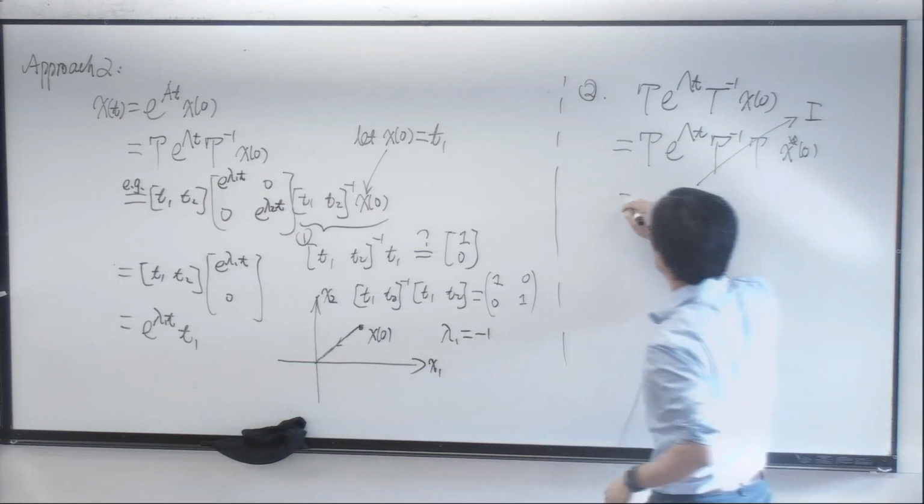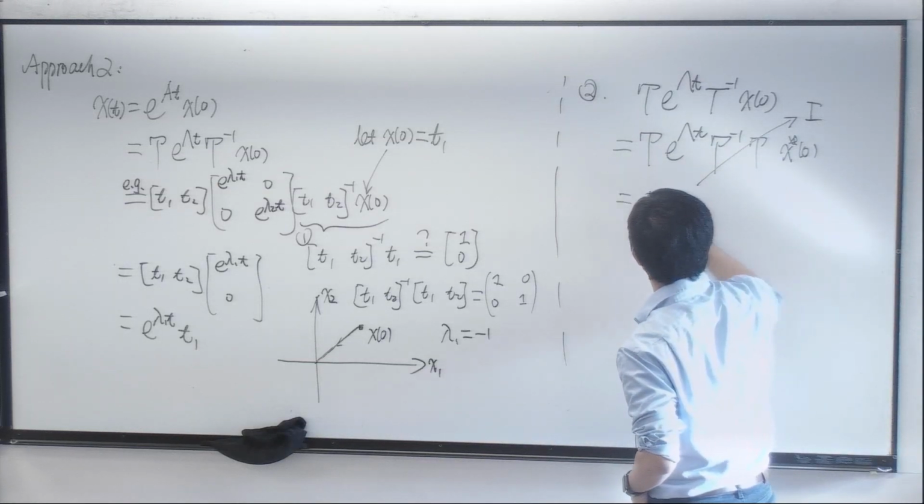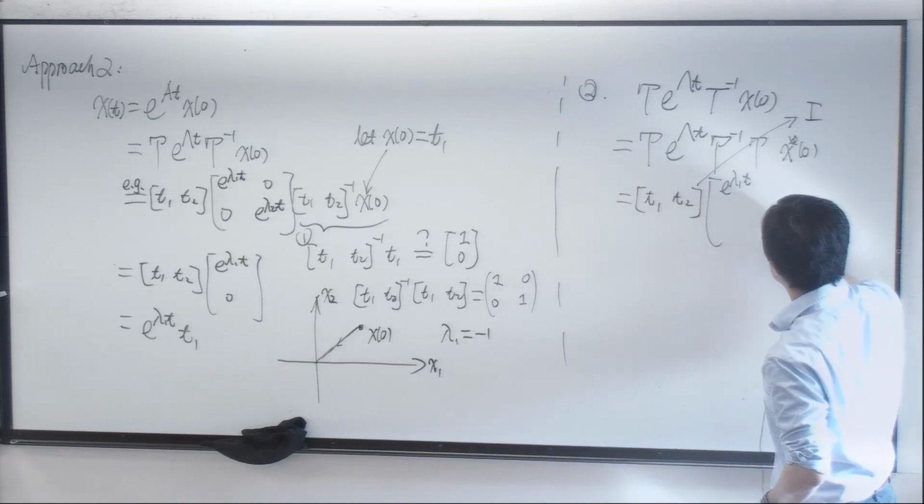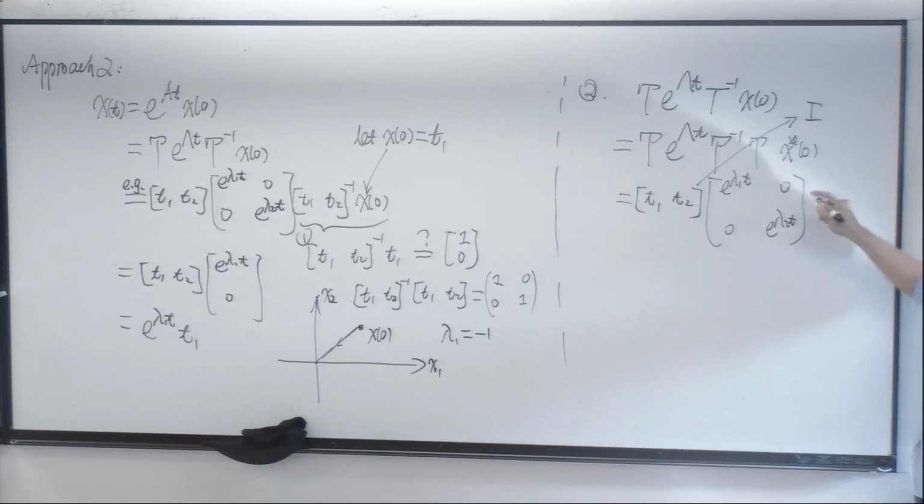So this is going to give you still t1, t2, e^(λ1t), e^(λ2t), and then this goes away. It's x1 star 0, x2 star 0.